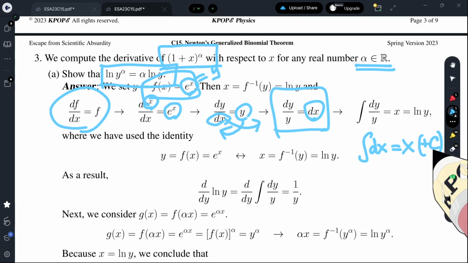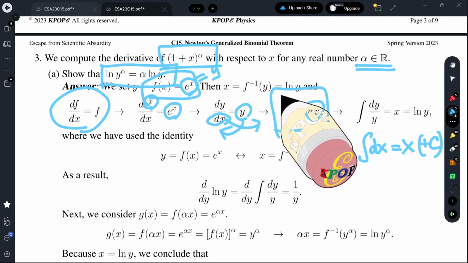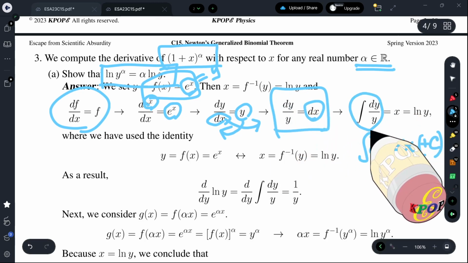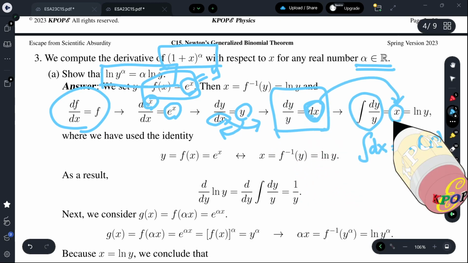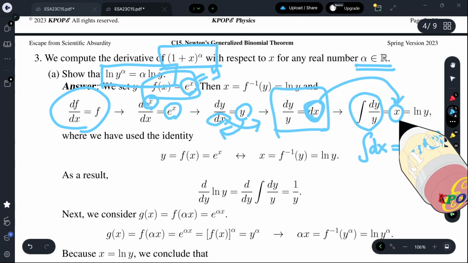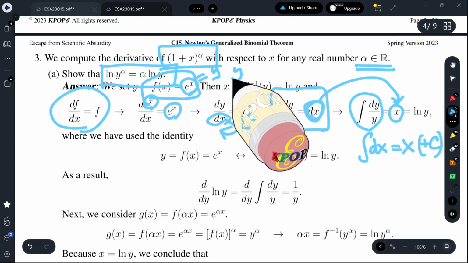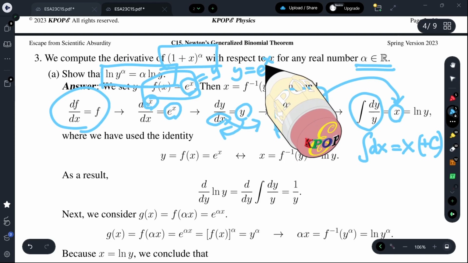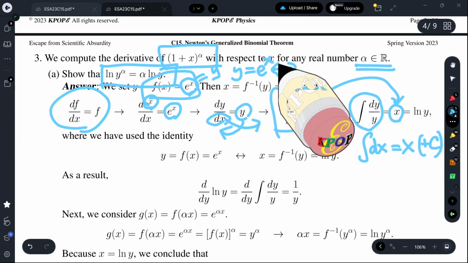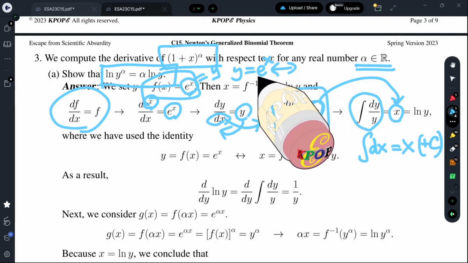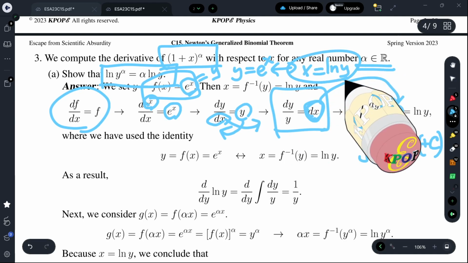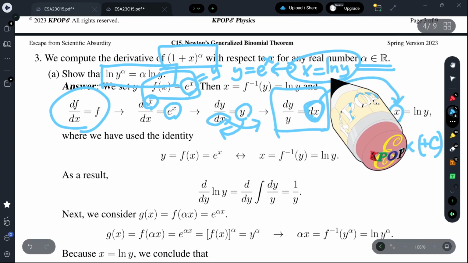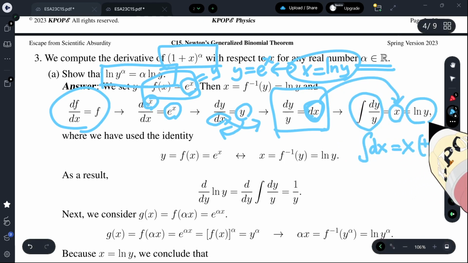Okay, so I don't know how to evaluate this integral. However, keep it as it is, and I know this is trivially x. By the way, by definition, y equals e to the x. And we know what the inverse function is, so x equals log y. Therefore, I arrive at the point that this x is log of y.